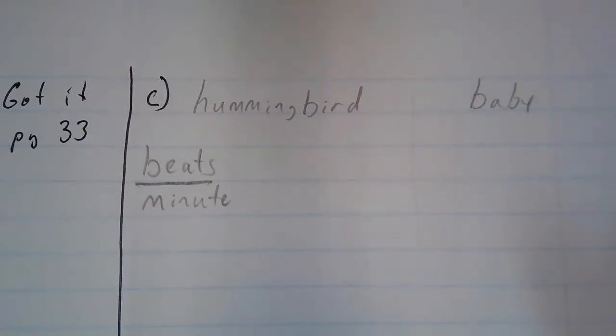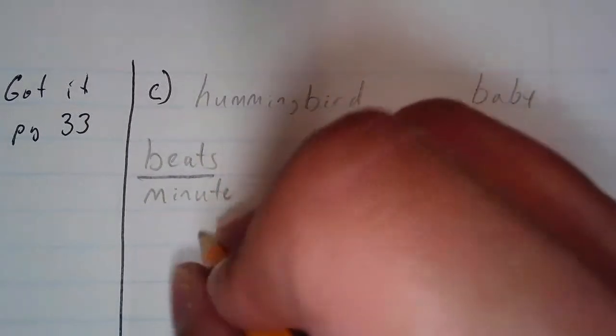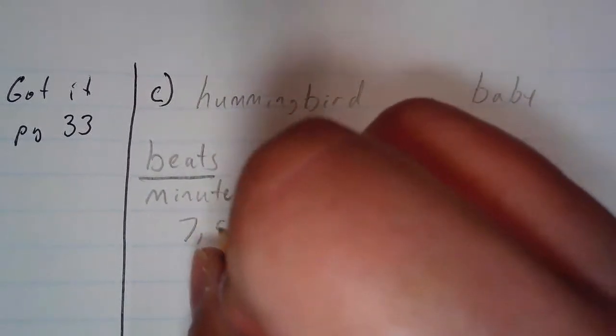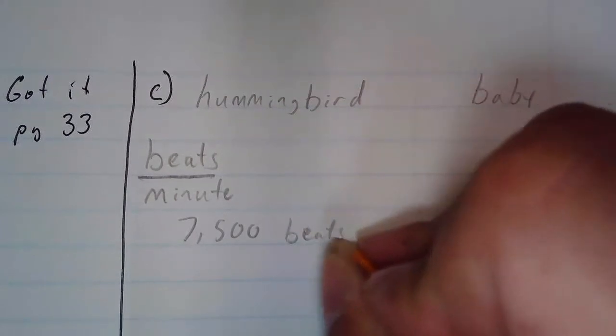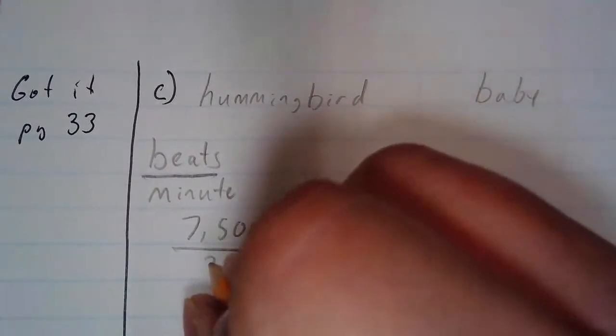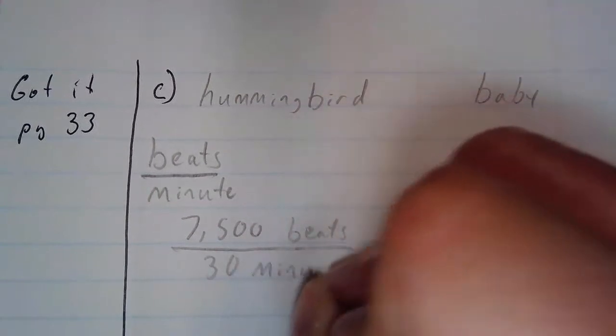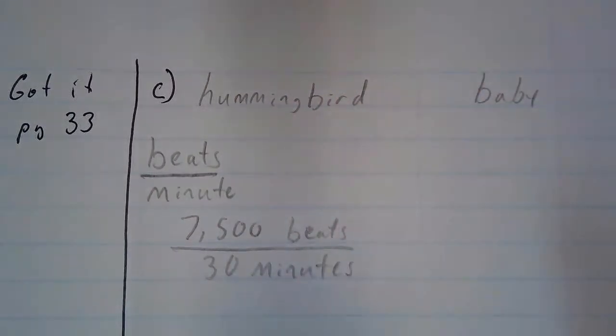All right. Now for the hummingbird, we know, according to the problem, it's 7,500 beats for every 30 minutes. Okay. Now for a baby heart, what do we have?